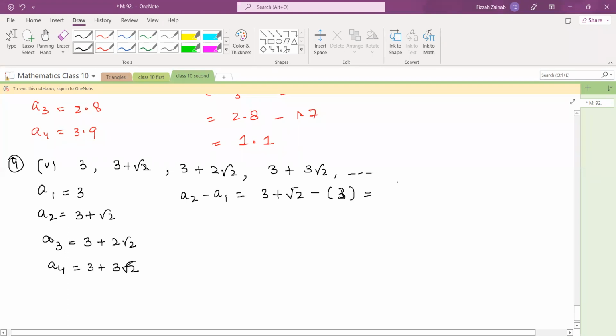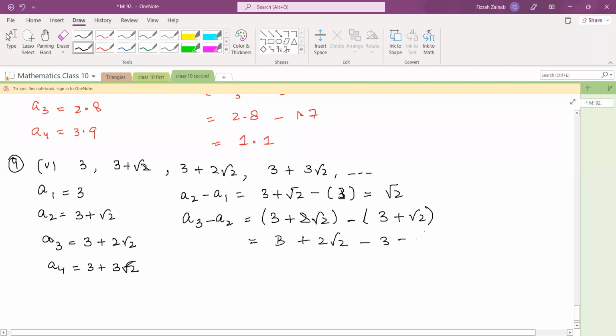So 3 minus 3, and it will be under root 2. Then you check A3 minus A2. So it is 3 plus 2 under root 2 minus (3 plus under root 2). So you open the bracket: 3 plus 2 under root 2 minus 3 minus under root 2. So 3 gone, 2 root 2 minus root 2, under root 2 will remain.